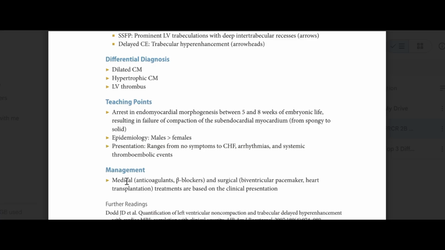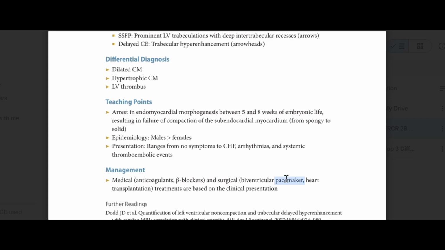Management, medical treatment: anticoagulant, beta blocker. Any case of arrhythmia should receive anticoagulant therapy. Beta blockers, and surgical treatment, biventricular pacemaker to treat the ventricular arrhythmia.